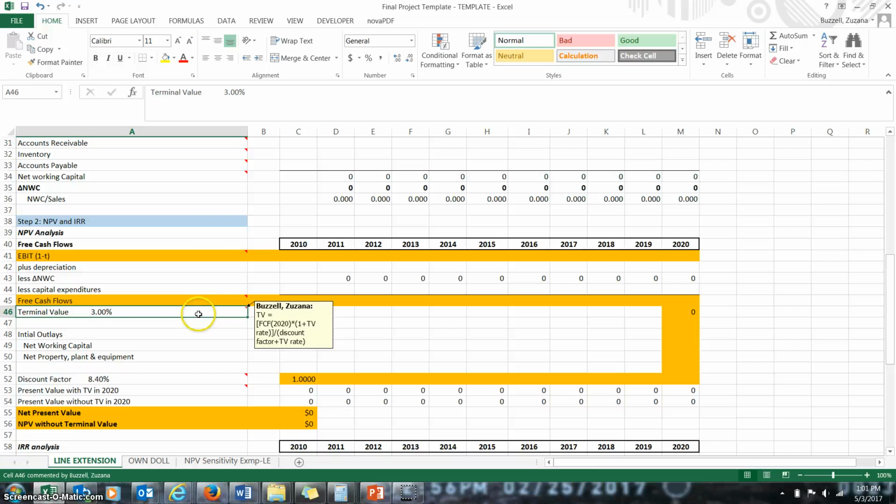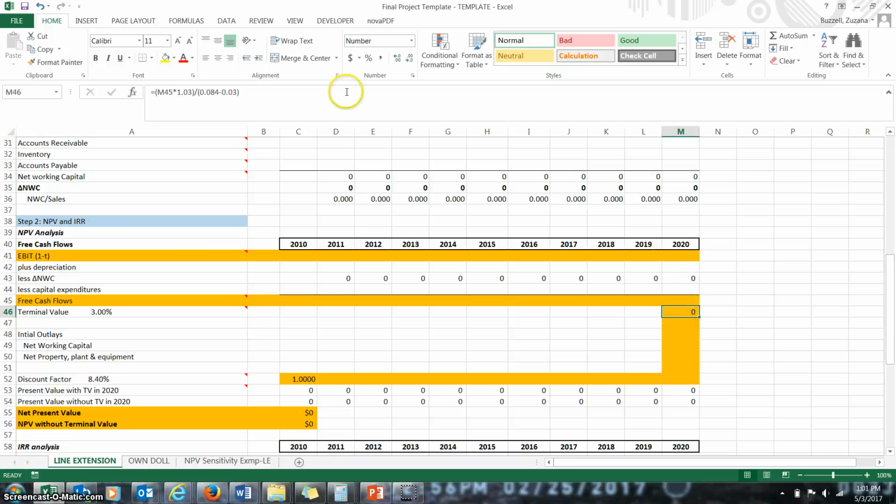Now, the terminal value, I think that's where a lot of you struggled. I have provided a hint for that, which will be calculated here, and I've actually done the formula for you. As you can see, it is your free cash flow in year 2020, because we assume that at this time you start growing the money at 3%.